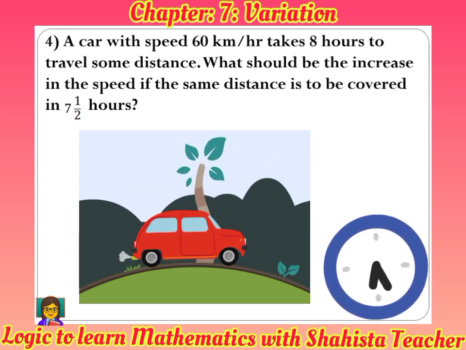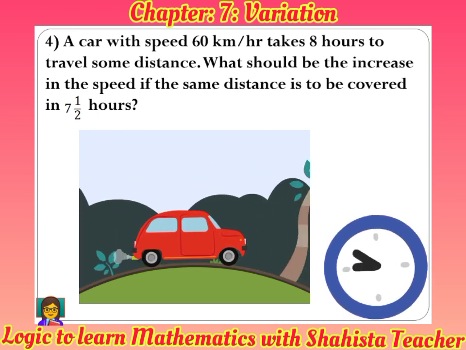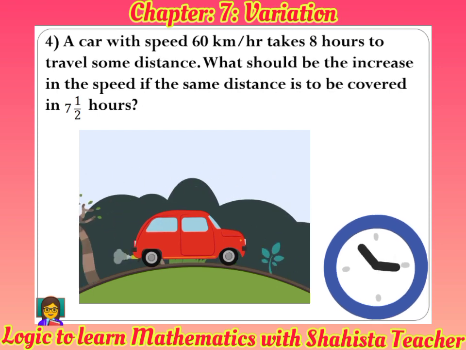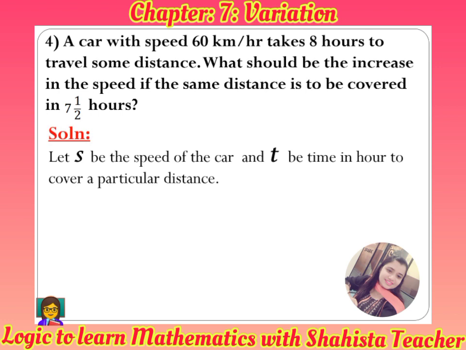Okay, so the car speed is 60 kilometer per hour and the duration is 8 hours. That means, solution: let S be the speed of the car and T be the time in hours to cover a particular distance.